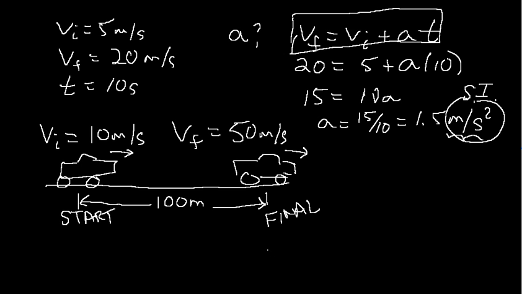And I want to know what kind of acceleration, let's do yellow. What kind of acceleration was necessary to have that car increase its velocity from 10 to 50 in 100 meters distance? Well, that 100 meters is the displacement. You've got to understand that whenever we talk about length, we're talking about displacement.